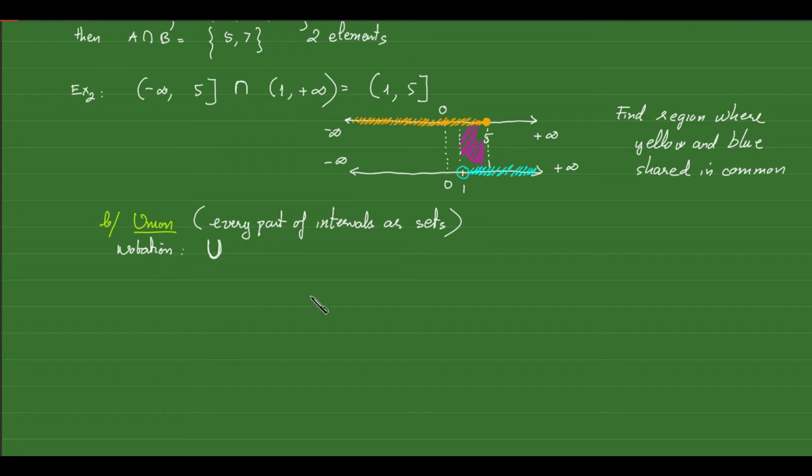Now, I can go ahead and draw the picture so that you can see. I have 2 pictures like this, and I have 2 sets, A and B, like that.